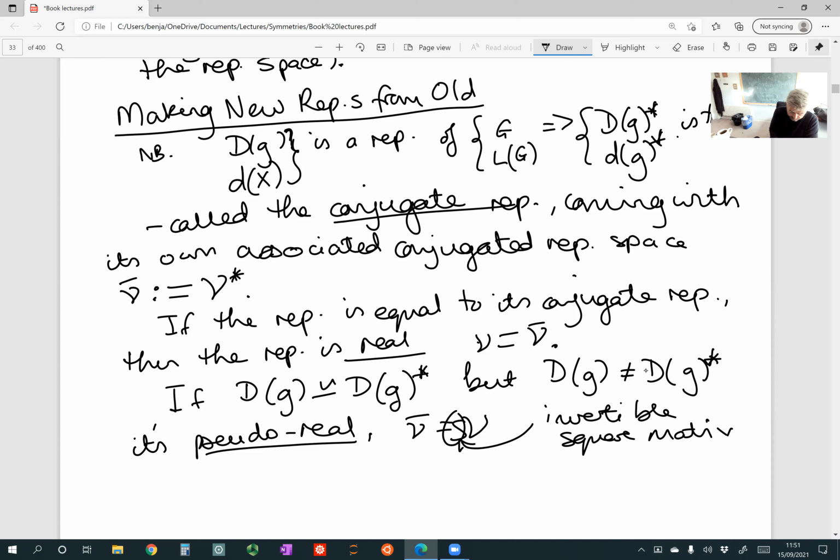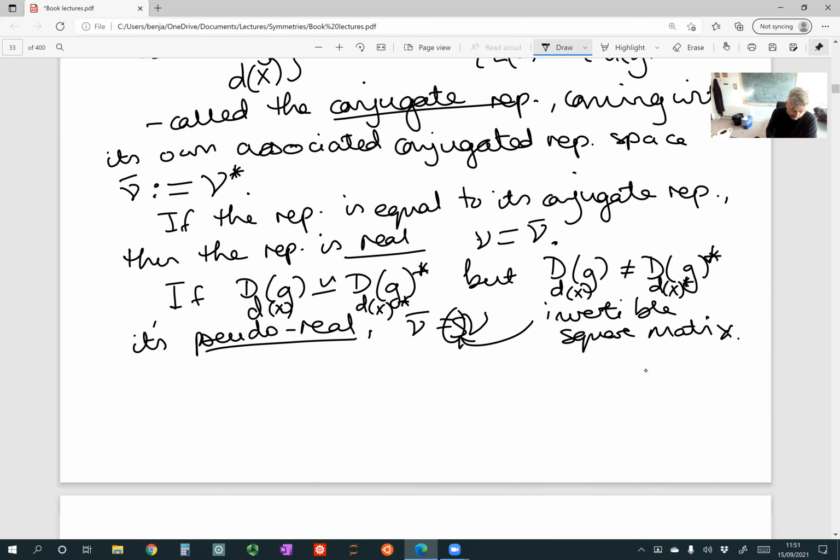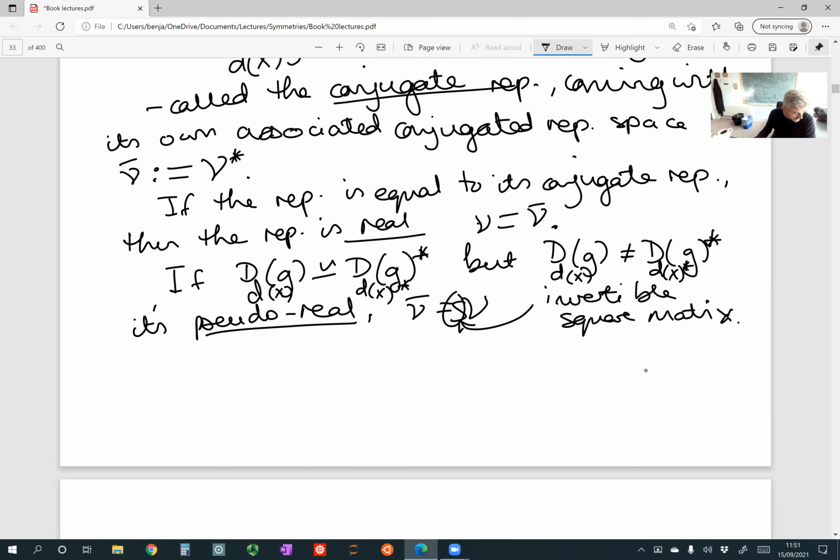Now, the same goes for elements of the Lie algebra. So you also get pseudo-real representations of the Lie algebra. Okay, so we can actually combine representations in a couple of ways to make new ones.